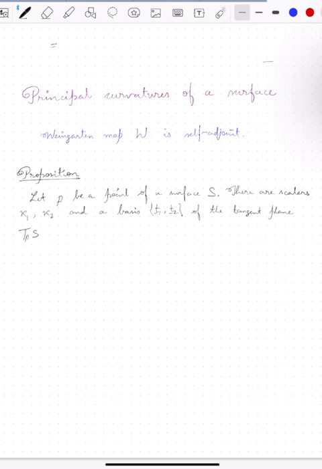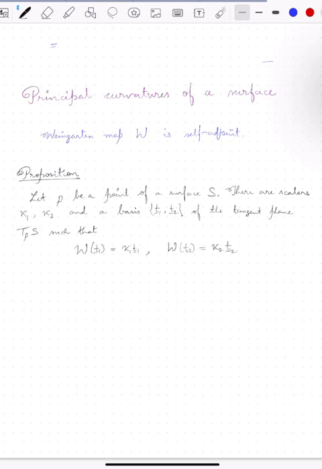such that W of T1 vector is equal to kappa 1 T1 vector and W of T2 vector is equal to kappa 2 T2 vector.